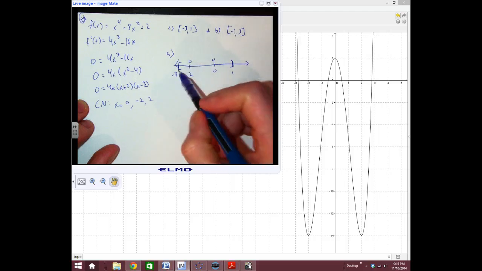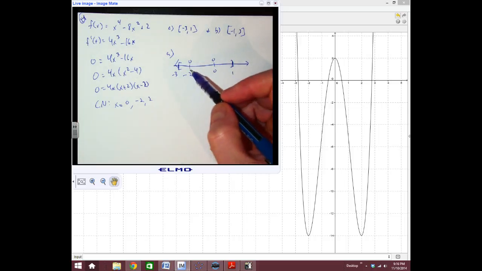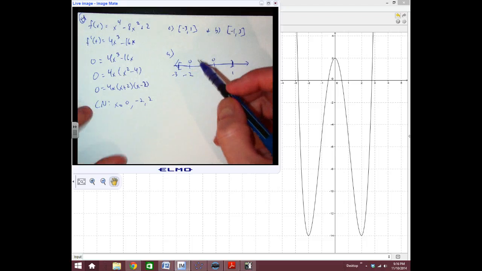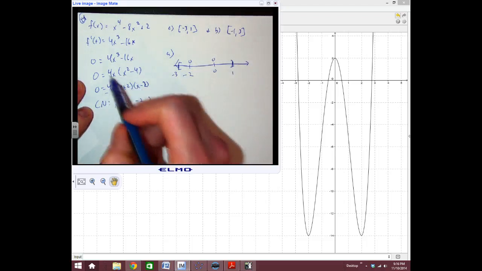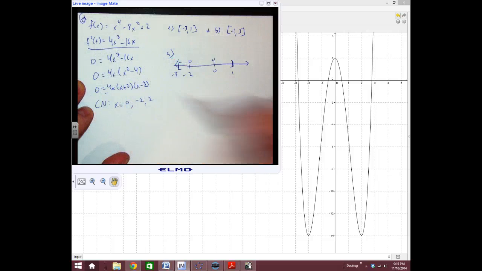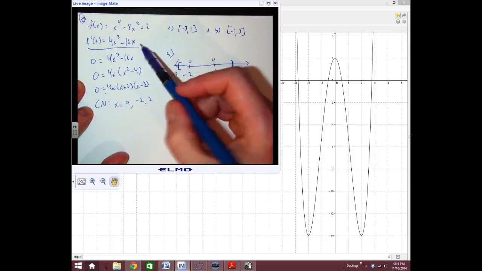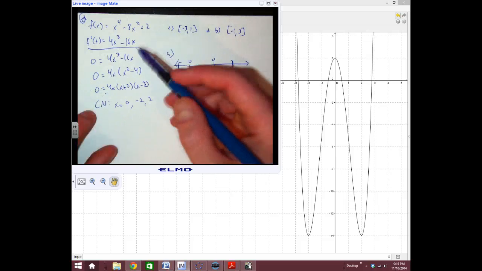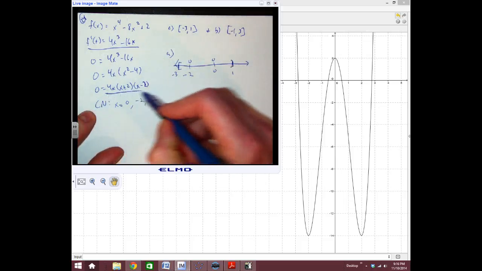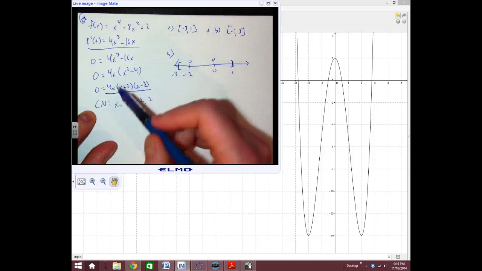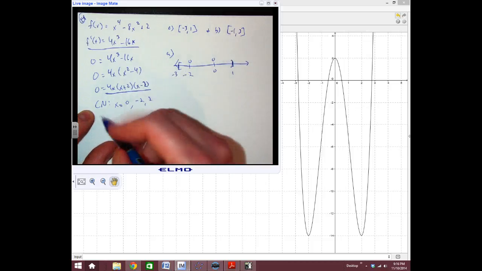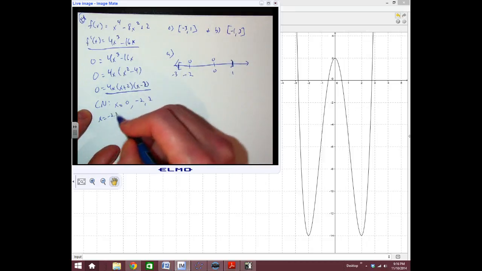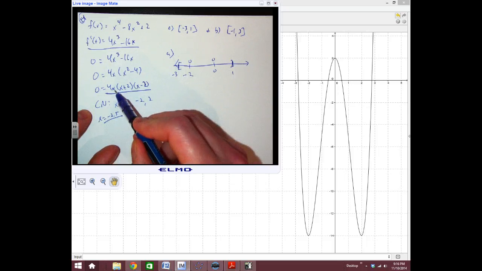Okay. Between negative 3 and negative 2, I could choose a number like, say, negative 2.5 and plug it into the derivative, and evaluate it and see what kind of value I get. Actually, the easiest thing to do is really to think about it in terms of the factored form, because whenever you plug in, say, negative 2.5, this will be negative.